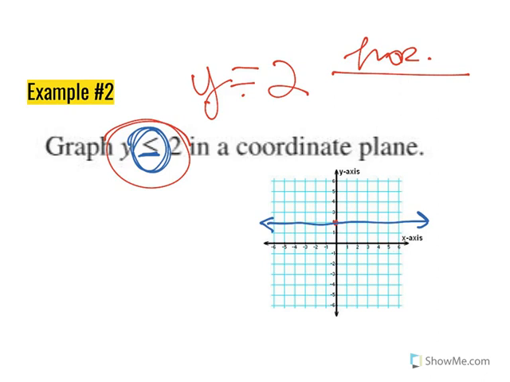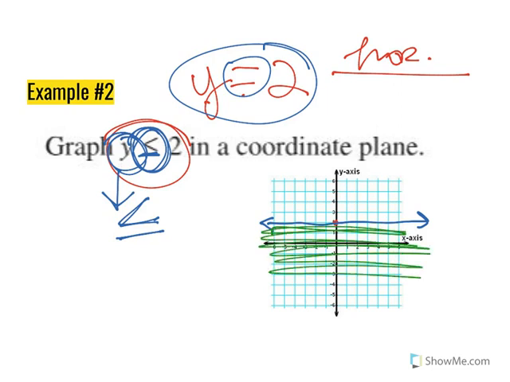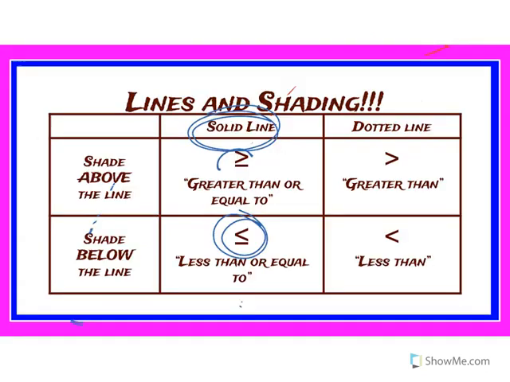This line is as if it was equals, but it's not. It's less than or equal to, right? So that means our y is less than or equal to. So our y has to be going down, which means our y has to be getting smaller, which would be here. So we're going to shade below the line. Less than or equal to, below the line.